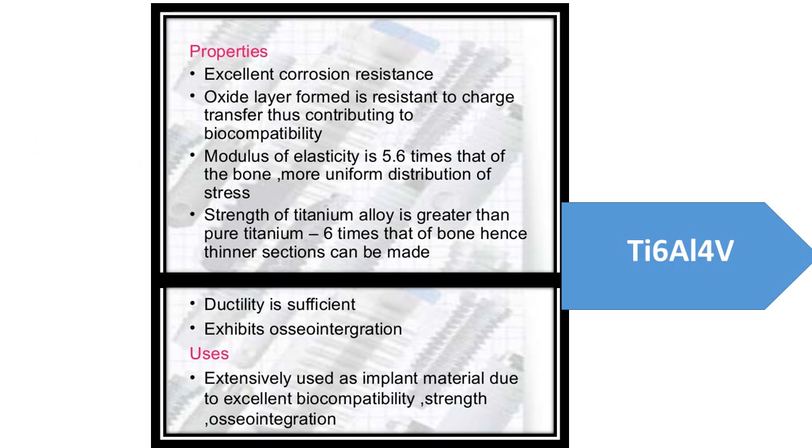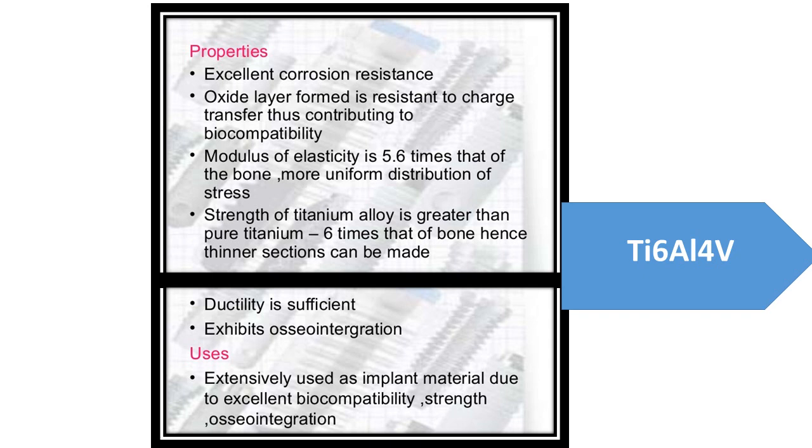It has excellent corrosion resistance, again due to the presence of titanium that forms an oxide layer. Modulus of elasticity is also 5 times that of bone, so there is more uniform distribution of stress. Strength is greater than pure titanium and 6 times that of bone. This is an advantage because you can use thinner sections.